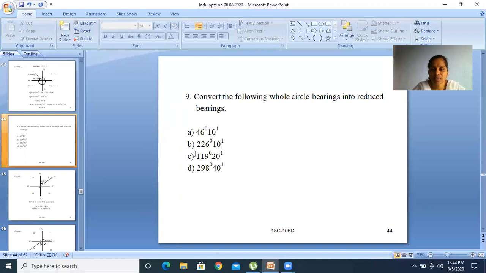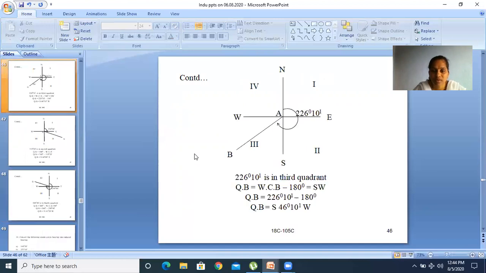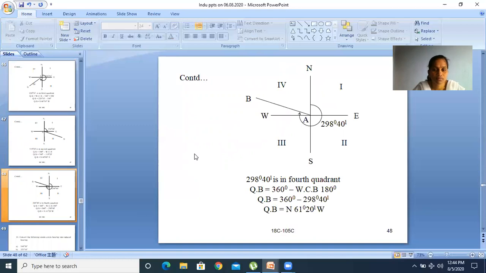Convert the following whole circle bearings to reduced bearings: 46 degrees 10 minutes, 226 degrees 10 minutes, 119 degrees 20 minutes, 298 degrees 40 minutes. 46 degrees is in the first quadrant. 226 degrees means third quadrant. 119 degrees 20 minutes is in the second quadrant. 298 degrees 40 minutes is in the fourth quadrant.